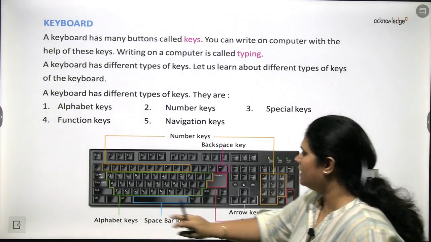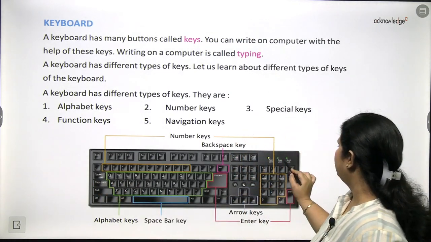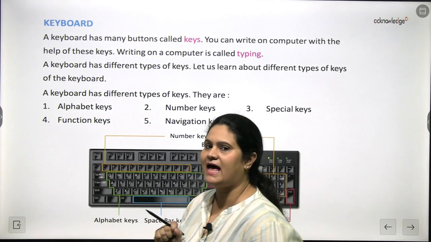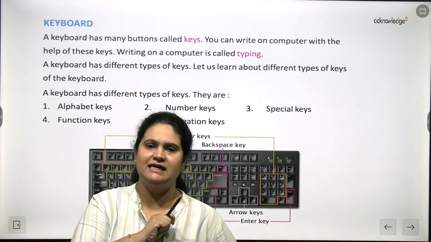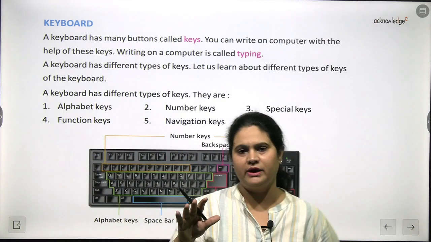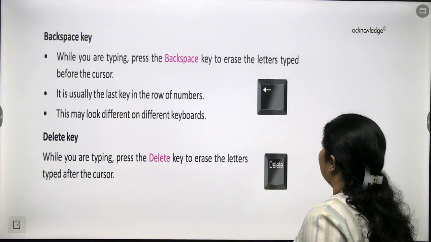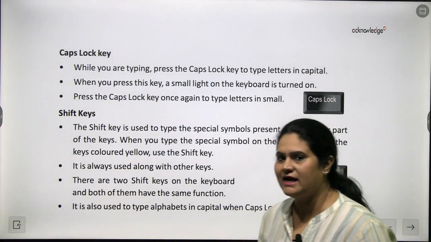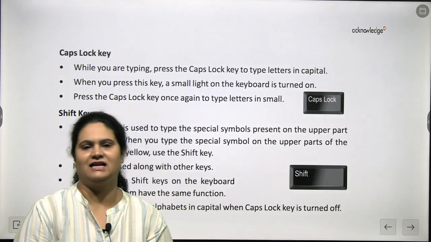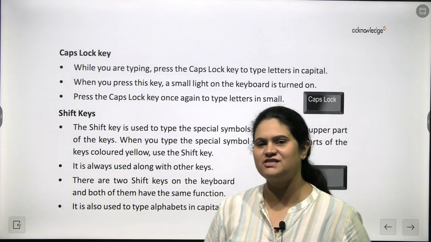When you press the caps lock key, which is present here under the tab key, this caps lock light starts glowing. This means that your caps lock button is turned on and now whatever you type is going to come in capital letters. And once you are finished writing in capital letters, you can again press the caps lock key and it will start writing in small case letters. Is it right? Understood? Good.